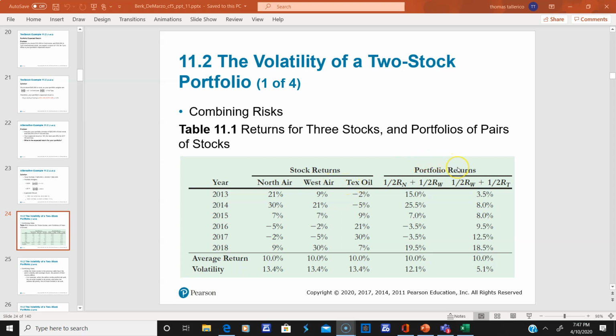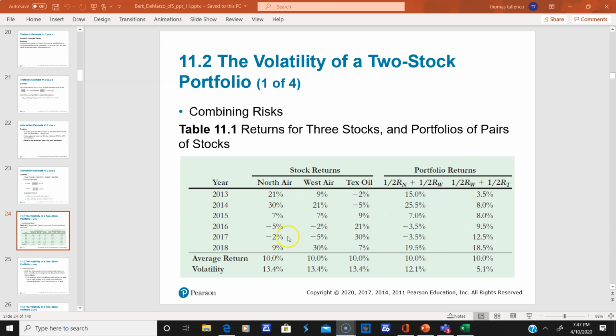And here's the portfolio: half of North Air plus half of West Air. That's one portfolio. And then the second portfolio is half of West Air plus half of Tex Oil. So we're creating portfolios. We're taking 2 out of 3.